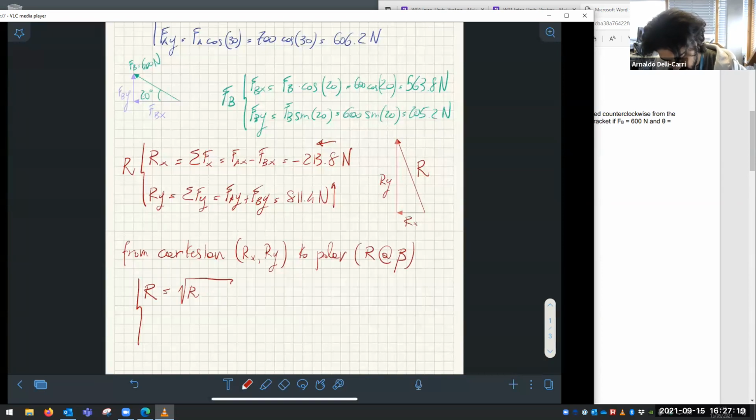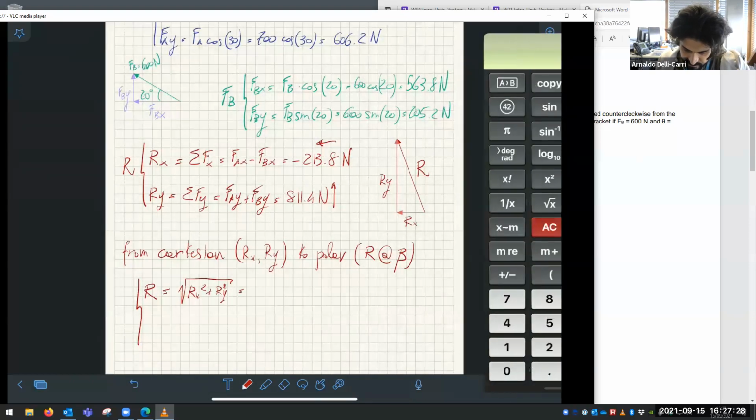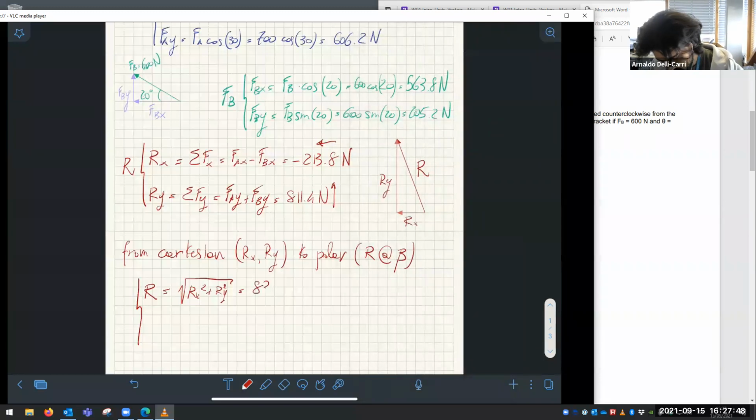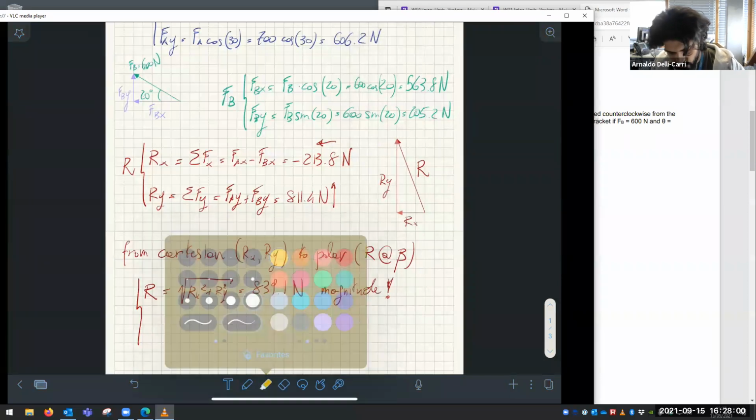This equals the square root of 213.8 squared, I'm not bothering with the negative because squared is the same thing, plus 811.4 squared. This gives 839.1 newtons. So this is the magnitude, and this is one of the answers that we wanted.